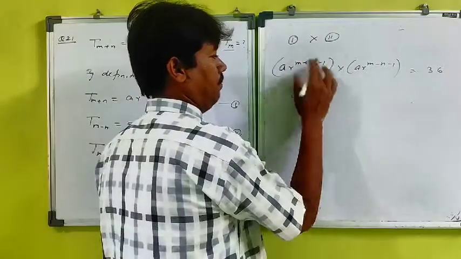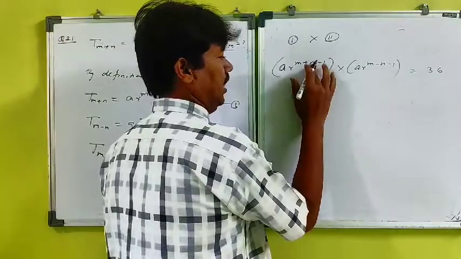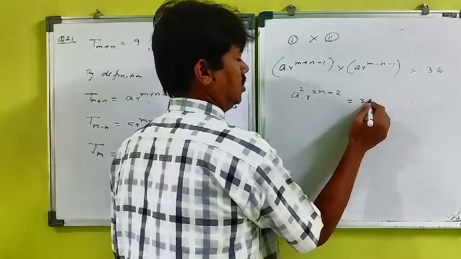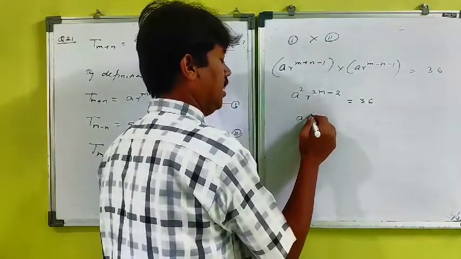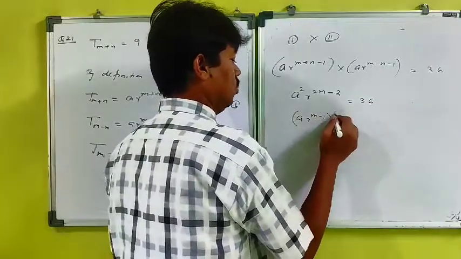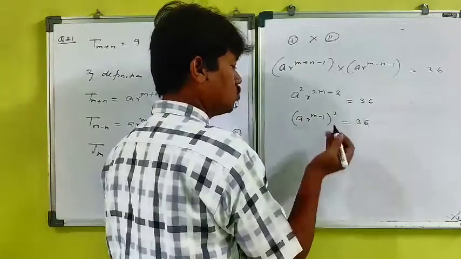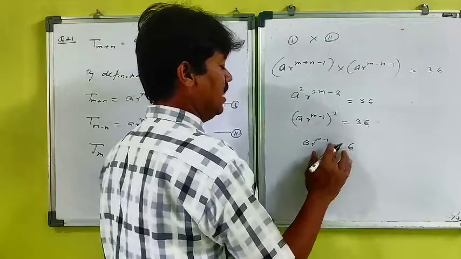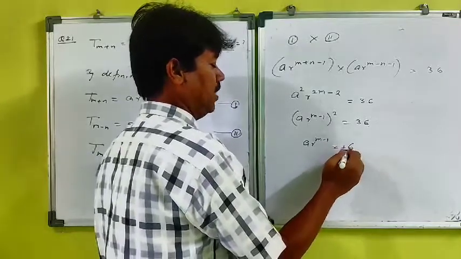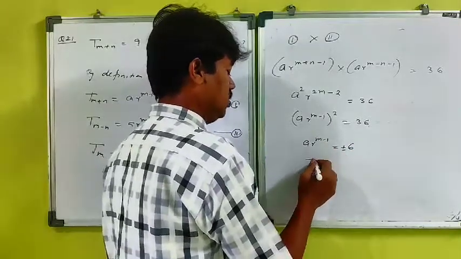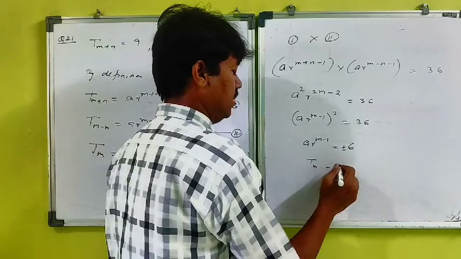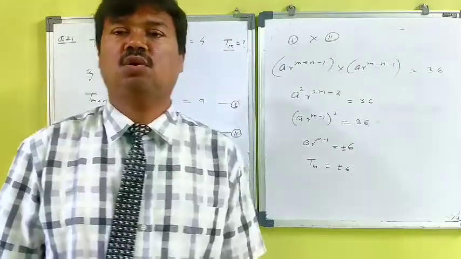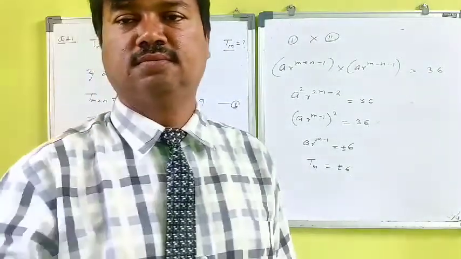R^(m+n) plus (m-n) is 2m, the n cancels, minus 2, is equal to 36. So that is nothing but (AR^(m-1)) the whole square is 36. Let me take the square root on both sides. AR^(m-1) is plus or minus 6. That is nothing but Tm, that is plus or minus 6 here. So the answer should be Tm is equal to plus or minus 6.